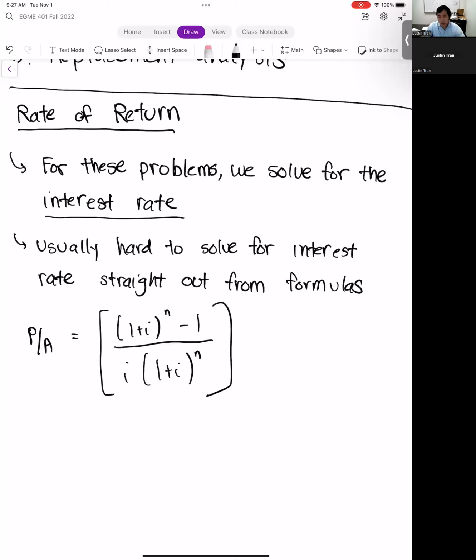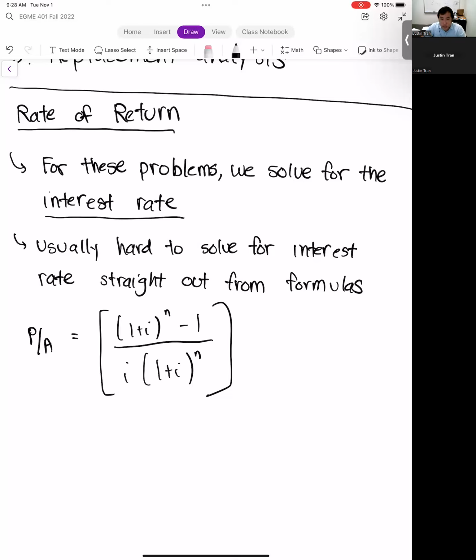Okay. And so if you just have something like this, and we've done enough problems at this point to know that P over A is something that we almost always use, or it's used very often in our analyses. And so if we have something here where the n, even for an n that's somewhat modest, let's say we do it for like 4 or 5 years, right? That's still going to be a pain in the butt to solve for, because the i here is kind of buried within this very high order polynomial term.